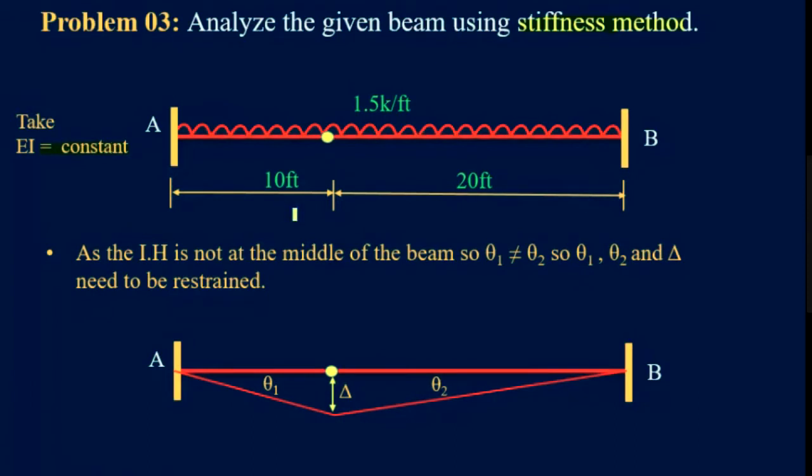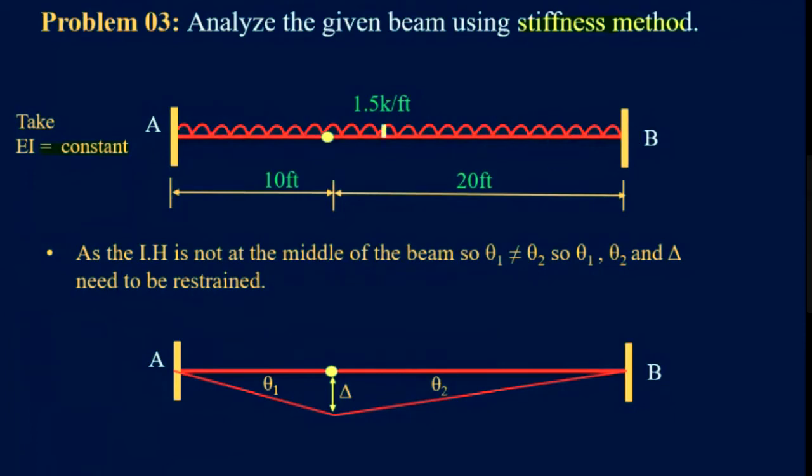Now, the first question which arises in the mind is what the kinematic indeterminacy should be. As we know, we have fixed ends here at A and B. These are fixed supports, so no rotation or displacement is possible at these supports.